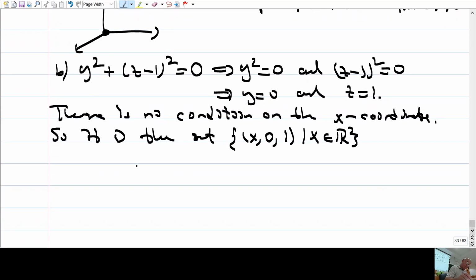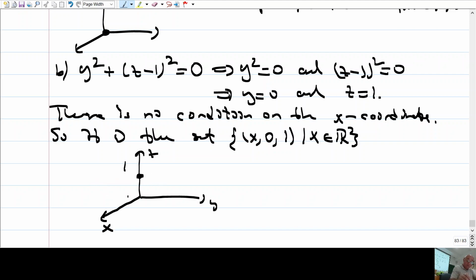So what is this? Let's see. Y coordinate is 0. Z coordinate is 1. And there is no condition on the x coordinate. So x coordinate could be anything. So I can just translate this along the x-axis. It is the single point translated along the x-axis.